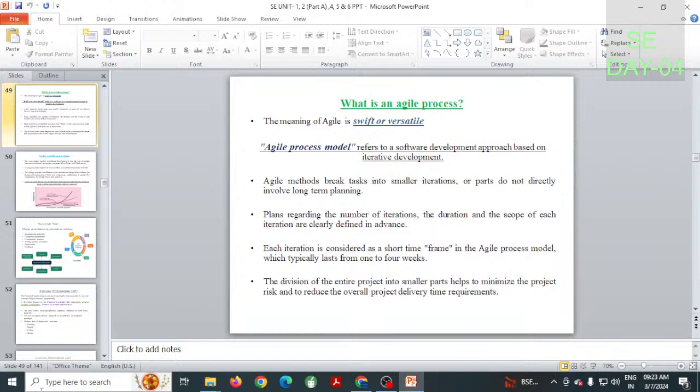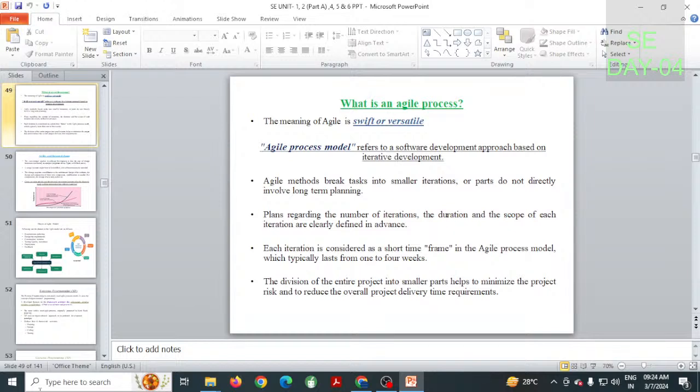Now, a few methods play an important role in the agile process model. Here, one thing we should remember, in agile methods, we break the tasks into smaller iterations or smaller parts. These iterations or parts cannot directly involve any kind of long-term planning.